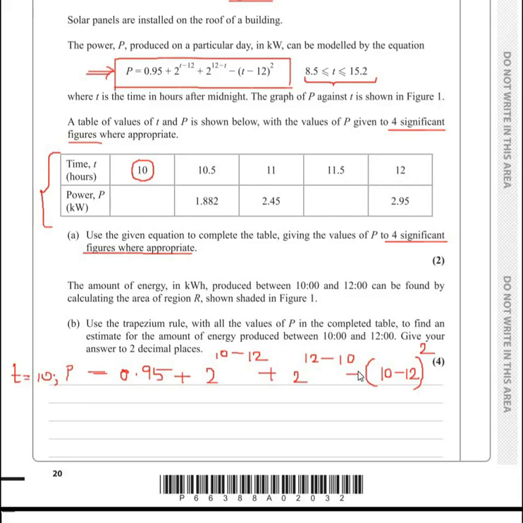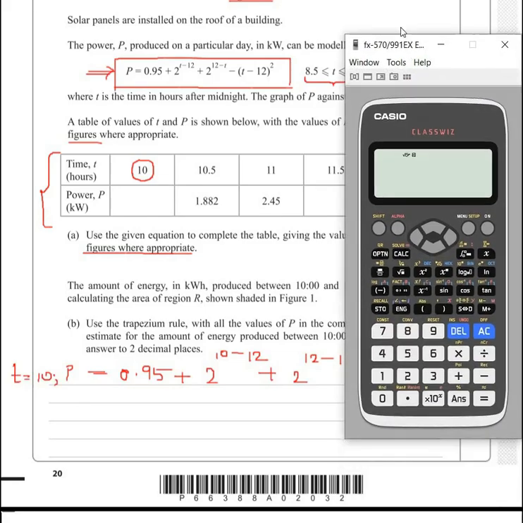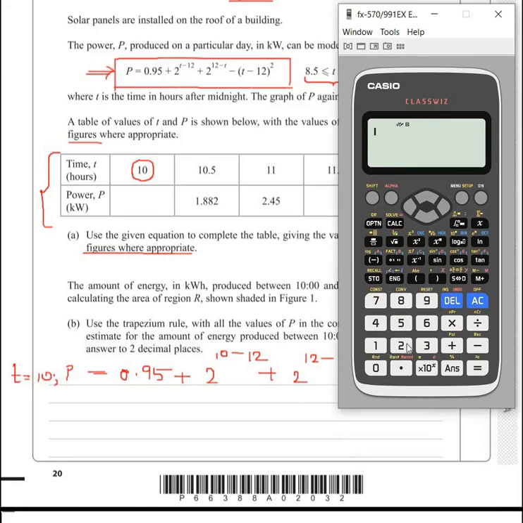So let us put it in the calculator and check how much we get. So here we have 0.95 plus 2 raised to the power of, let me put a bracket here, 10 minus 12, close the bracket, and then plus 2 raised to the power of, again a bracket, 12 minus 10, close the bracket, minus (10 minus 12) raised to the power of 2.